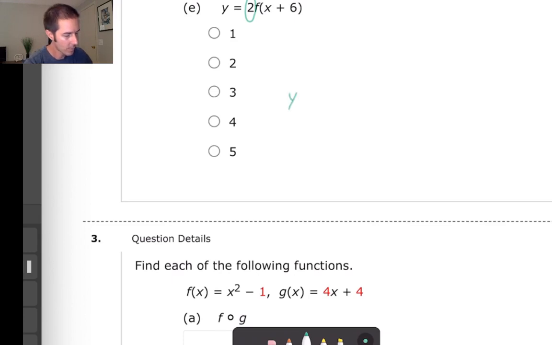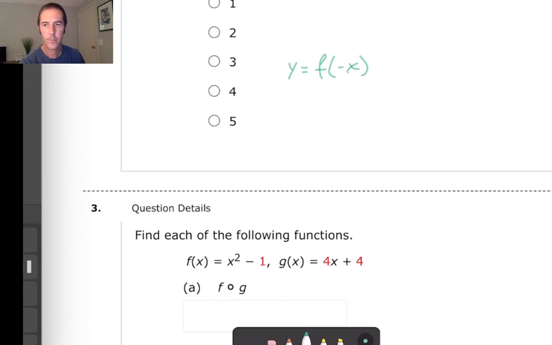If we had worked with a function that said y equals f of negative x, the negative inside the function would have caused a reflection over the y-axis. Anything to the left of the y-axis would have flipped over to be to the right of the y-axis, and vice versa. So that is a horizontal reflection.